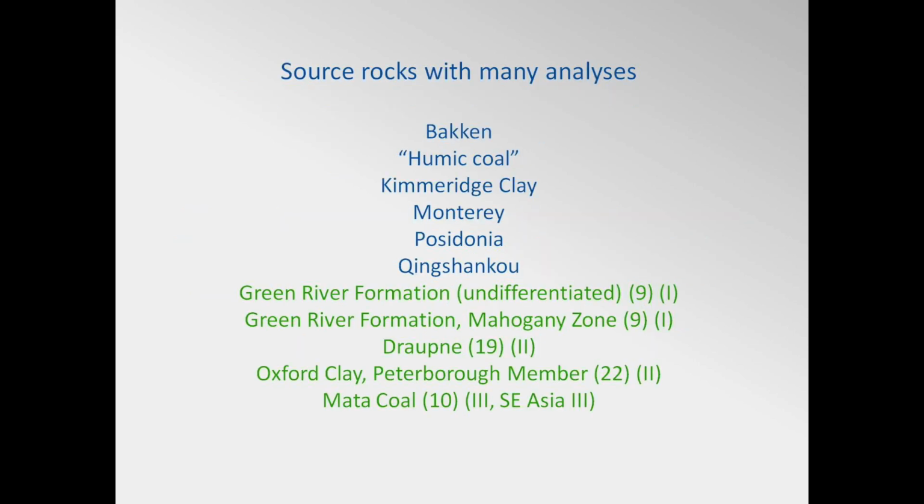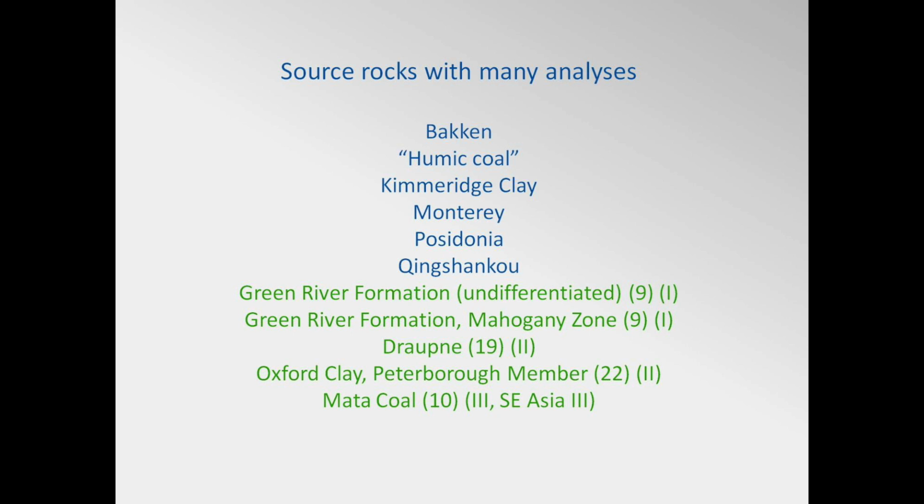The source rocks with many different analyses are particularly valuable for us because they're going to teach us about variation in results from one laboratory to another, from within a single laboratory, and the differences between very different types of source rocks. Here are the 11 source rocks that we identified as having a large number of analyses.